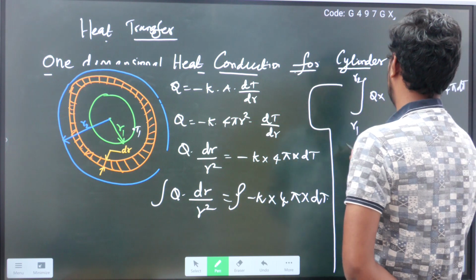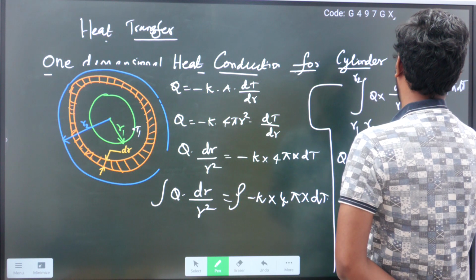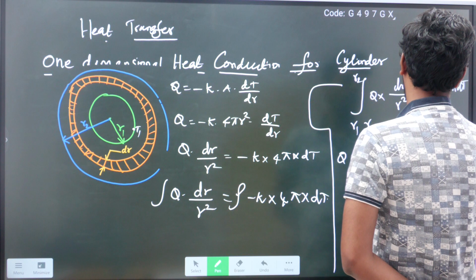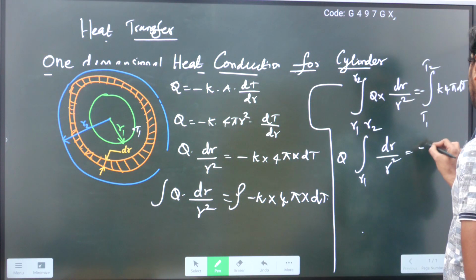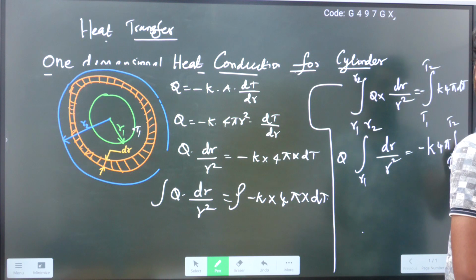The constants you take outside: Q into the integral from r1 to r2 of dr by r squared is equal to minus K 4 pi times the integral from t1 to t2 of dT.